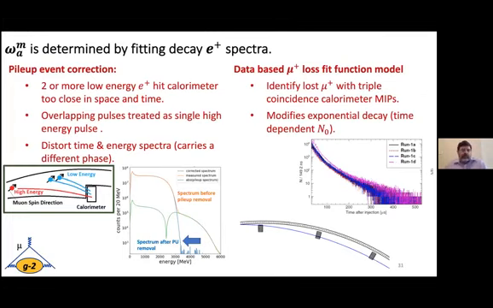And so this is particularly a problem too, because you're most likely to get pileup at early times when the rates are the highest. But this is also where the most statistics are in your distribution that you're fitting. And so getting this part of the distribution wrong, you're more likely to end up pulling the omega A that you're trying to measure.